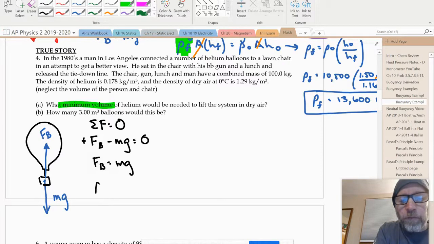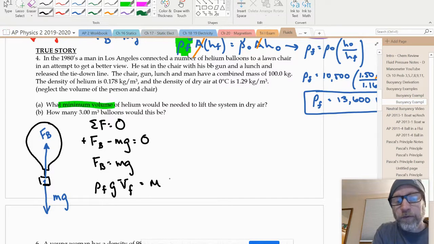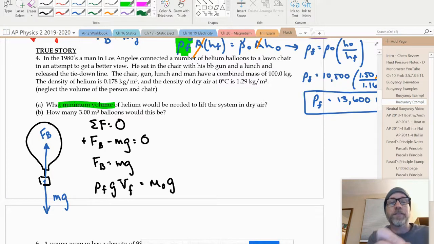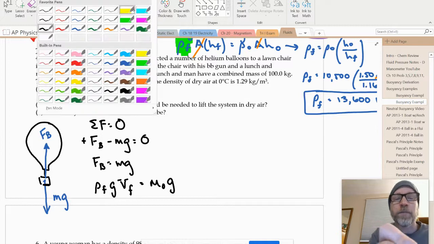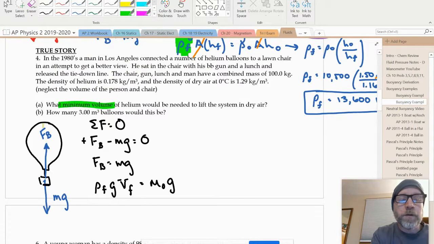The buoyant force is going to be the density of the fluid displaced times gravity times the volume of the fluid displaced, equals the mass of the object times gravity. Now this is what is tricky. The balloon is filled with helium, which is less dense than the surrounding air.